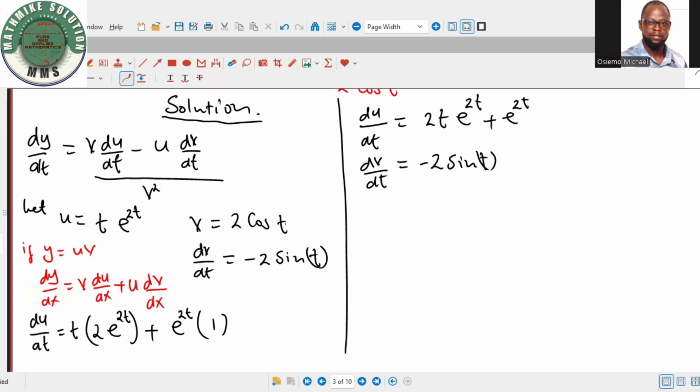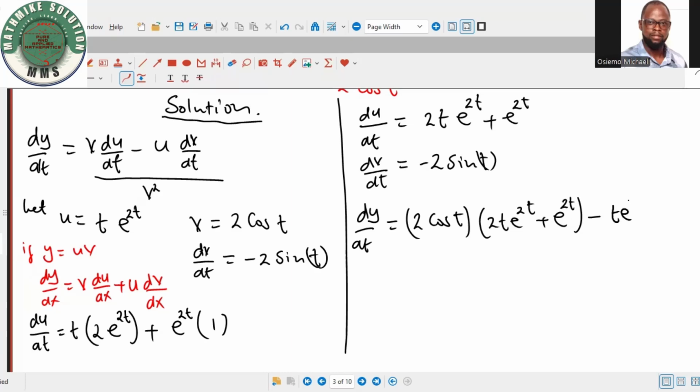So the next step is simply to substitute into the formula. dy/dt is equal to, our v is 2 cos t, and then du/dt is 2t exponential 2t plus exponential 2t, then minus u, which is t exponential 2t, and then multiplied by dv/dt, which is negative 2 sine t.